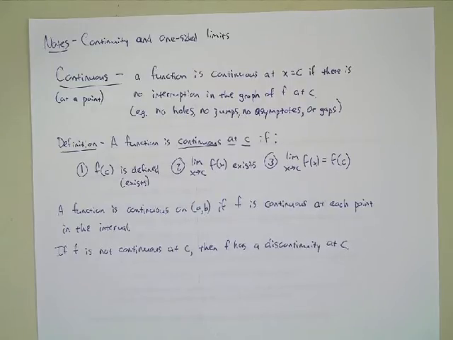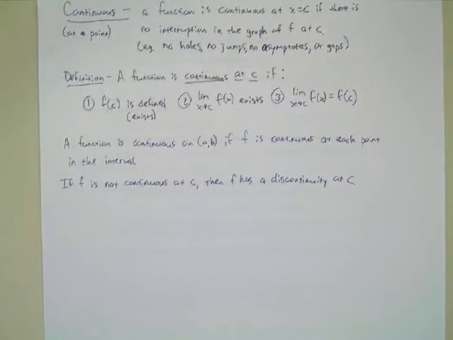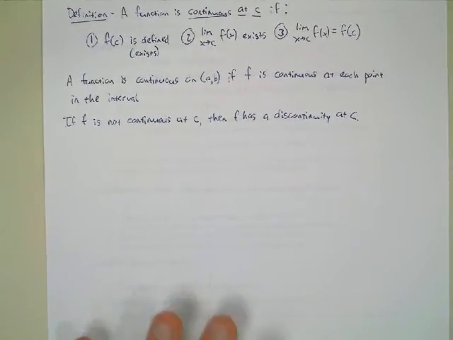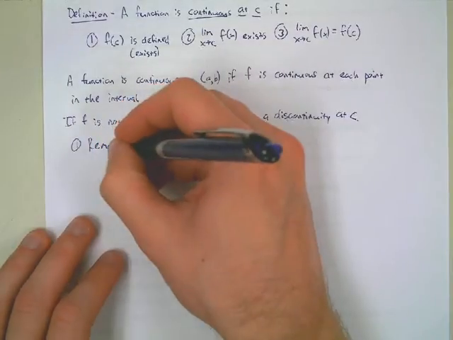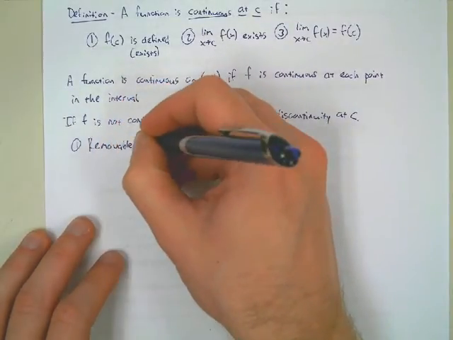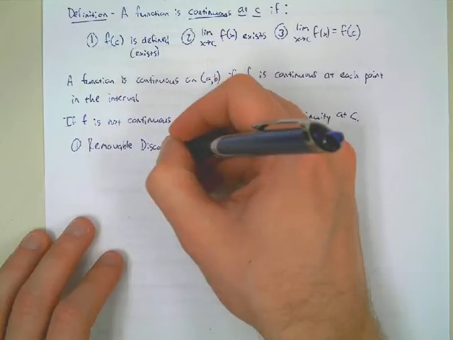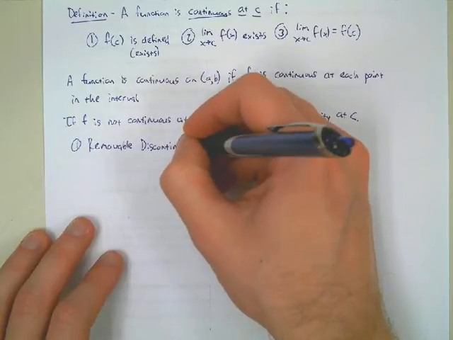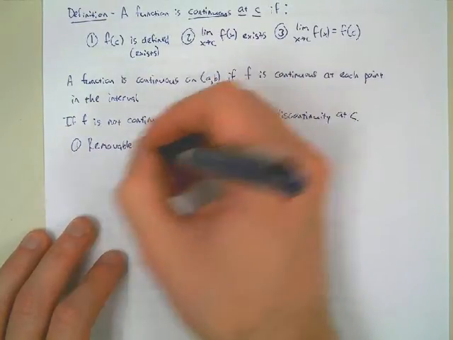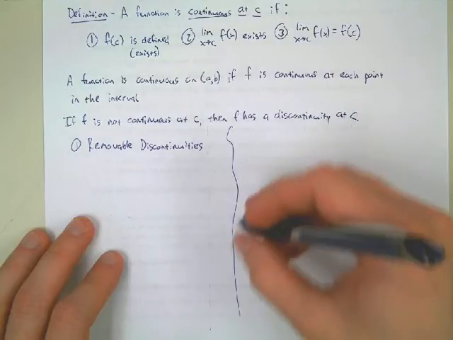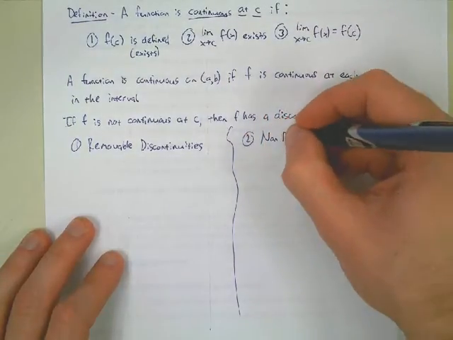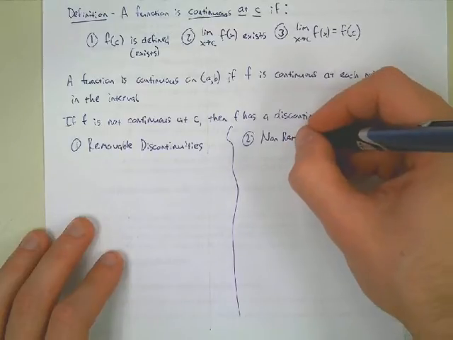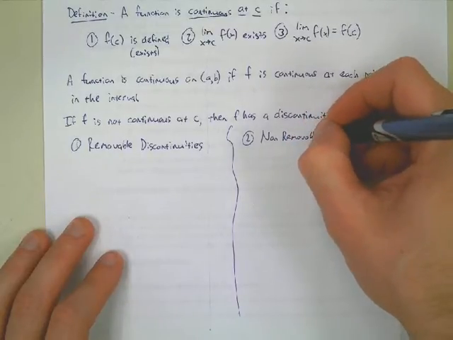The two main discontinuities we're going to consider are the removable discontinuities, and then also the non-removable discontinuities. Someone was very creative coming up with these names. Well, in math we don't like to mince words. It is what it is.